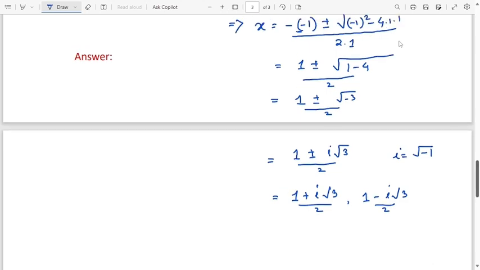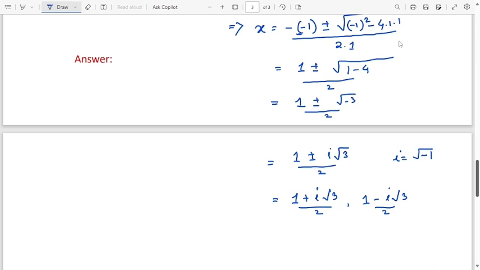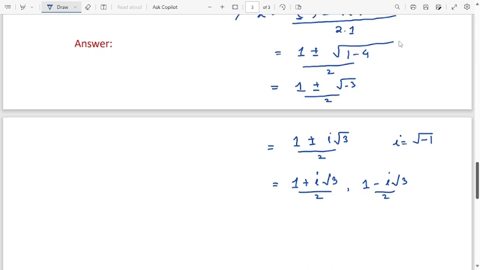Now we are going to summarize our whole solution.